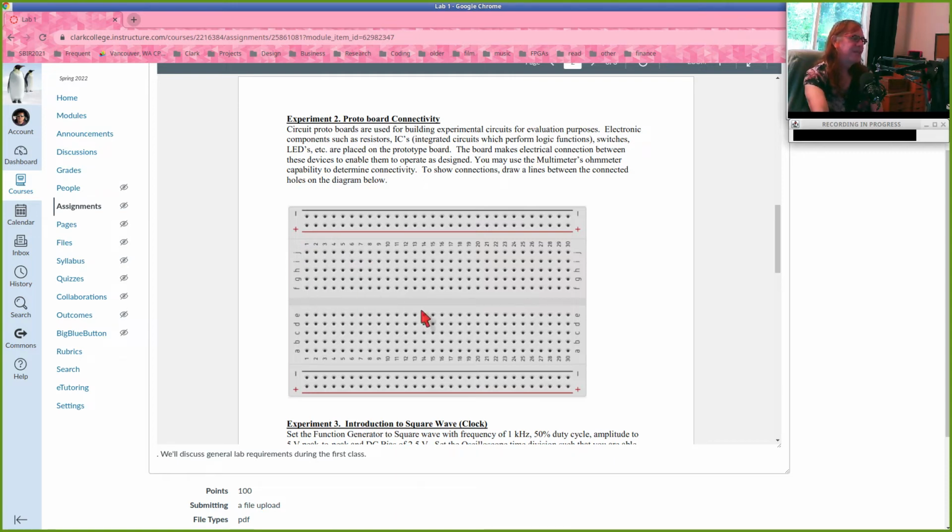And by understanding that connectivity, you can use these protoboards to build circuits by plugging components into the right holes, plugging wires into the right holes, and effectively connecting components together by just placing them in here. So experiment 2 asks you to do some experiments to figure out what the connectivity is, and then show the connectivity by drawing lines between the connected holes. So if these 5 holes are connected, I should draw a line between these.